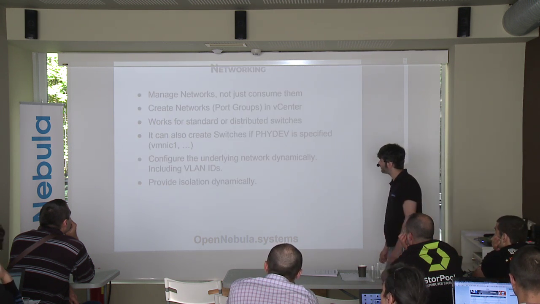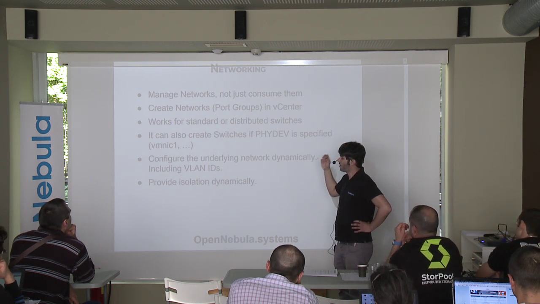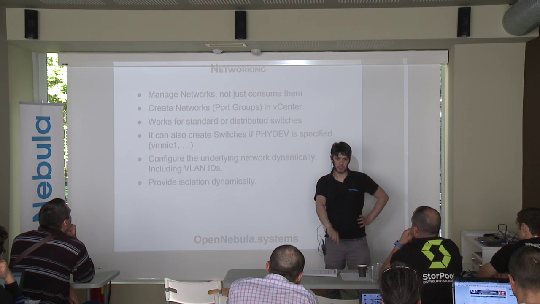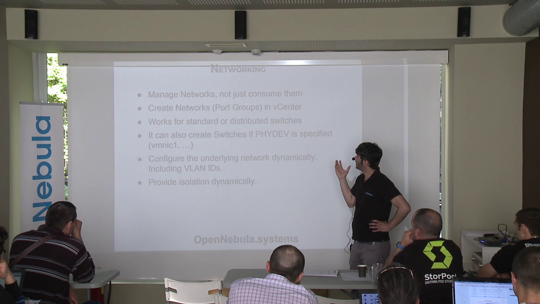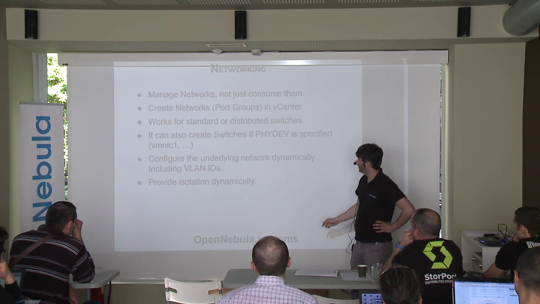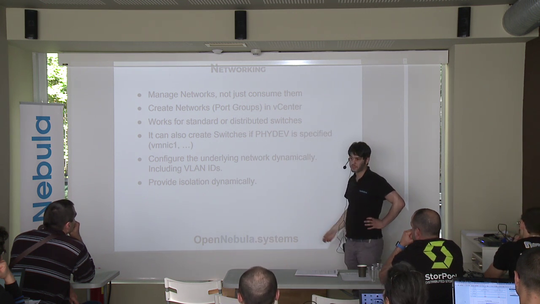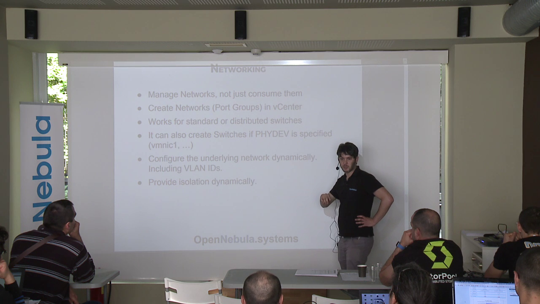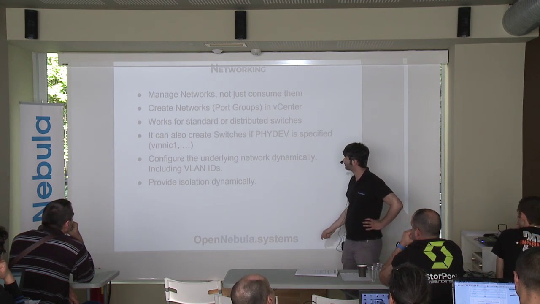Networking. In the current version, as I told you, you create the networks, configure the networks in vCenter, and then you import them. But now we can manage those networks. The thing is that we can even create new networks. We create new port groups in OpenNebula that will be created in vCenter when the machines are instantiated.